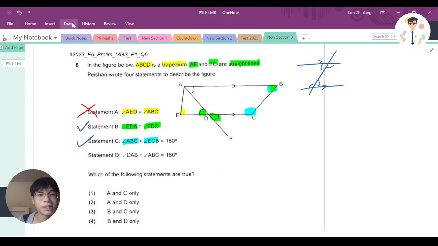The last one, statement D. DAB here plus ABC is 180. And the answer is, of course, no. Okay? And just for information, C and D is always what the students confuse.